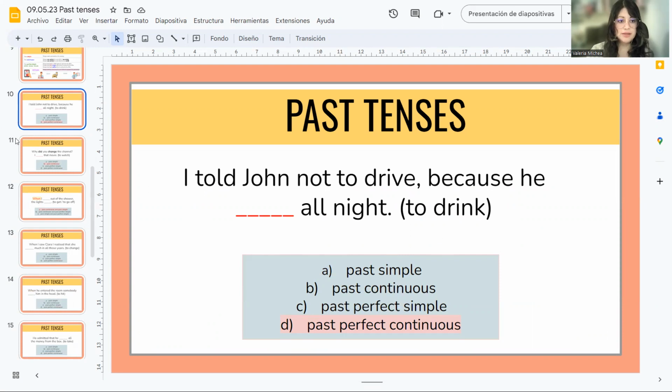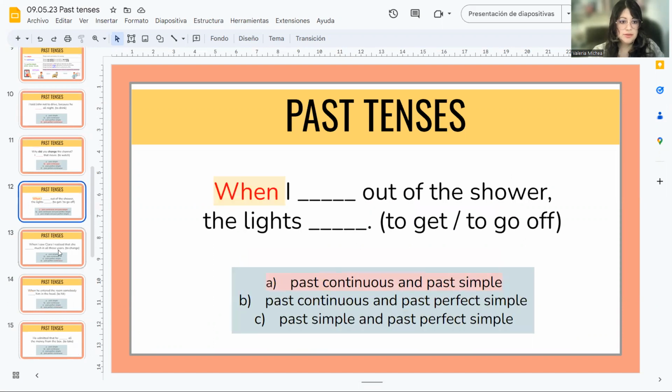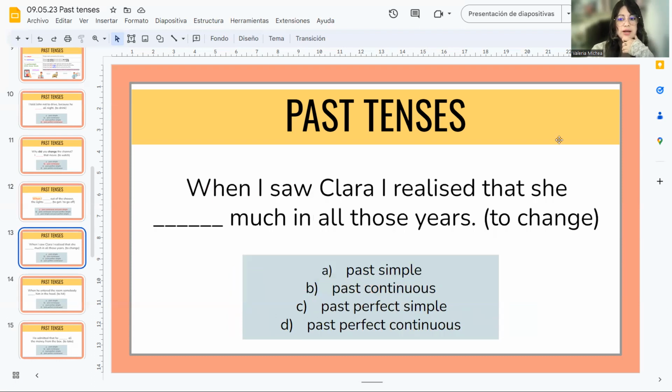We completed the first three, if I'm not mistaken. Yeah, this was the last one that we completed, and it was a bit tricky because we had to choose 2 options. Now let's try another sentence.